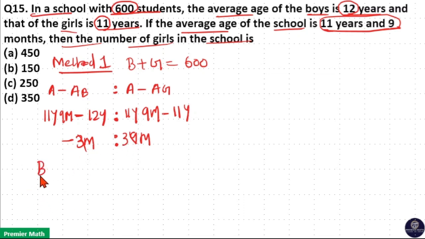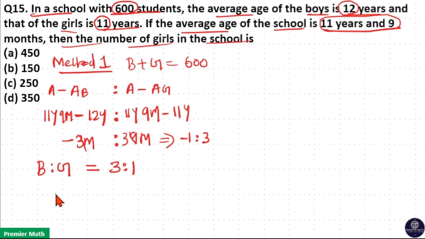Then, number of boys is to girls. Take the reverse of this. This is equal to minus 1 is to 3. So, take the reverse of this, that is 3 is to 1. Ignore the negative symbol. Now, here boys part is 3 part, girls part is 1 part.